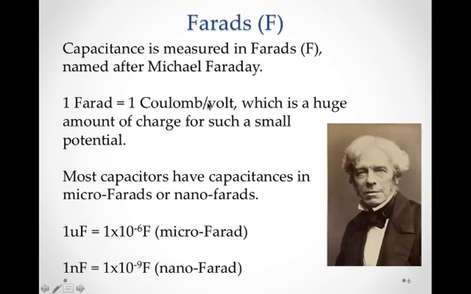So 1 coulomb per volt is a huge amount of charge for such a small potential. So most capacitors, the devices that have capacitance, are in the range of microfarads, 1/millionth of a farad, or nanofarads, 1/billionth of a farad. So you'll see microfarads a lot, 1 times 10 to the negative 6 farads, and then nanofarads, which is times 10 to the negative 9 farads.